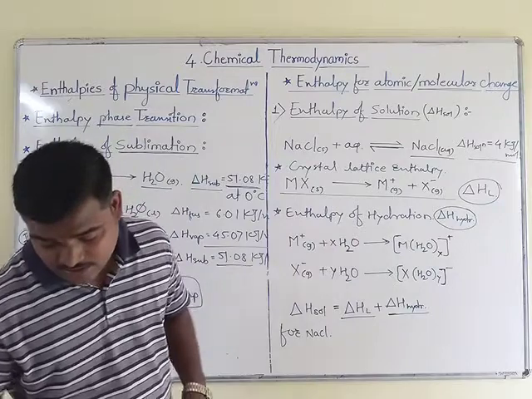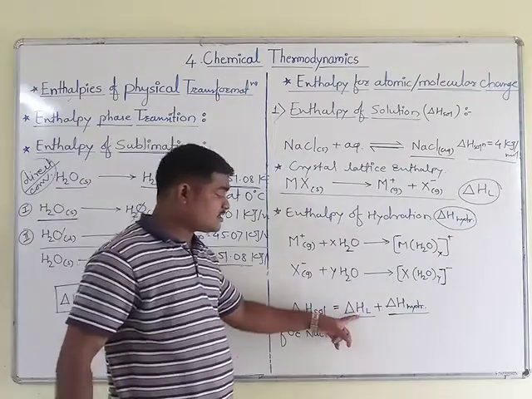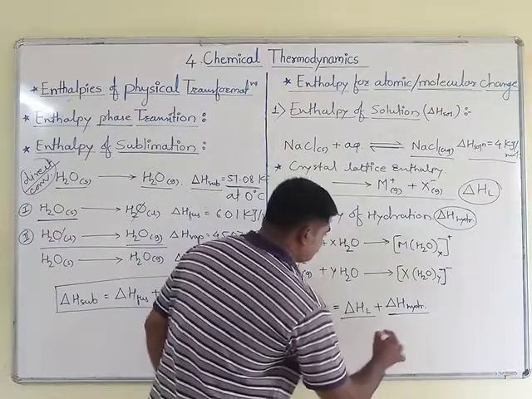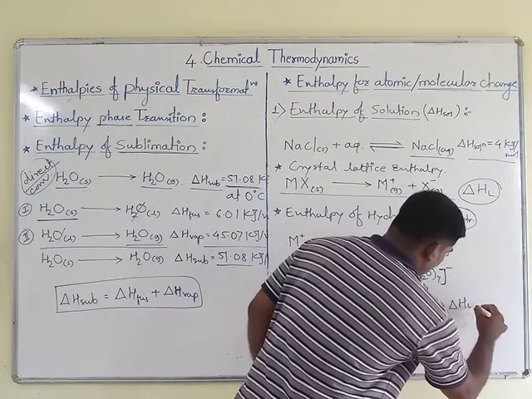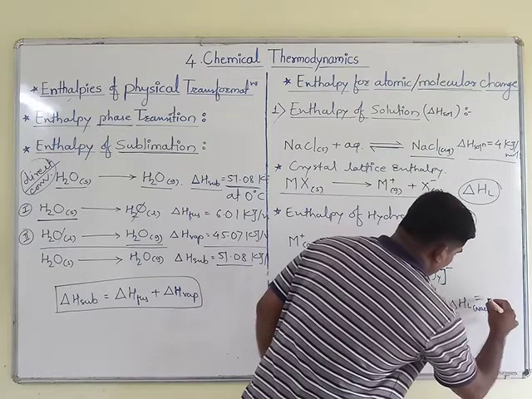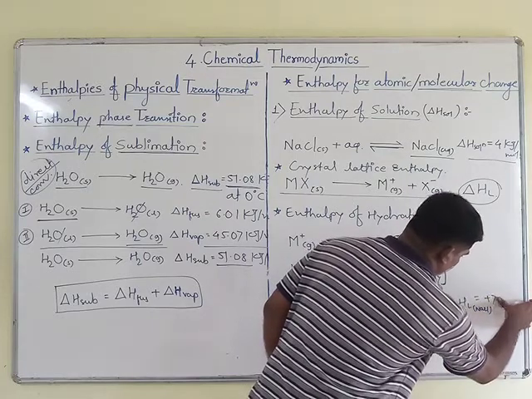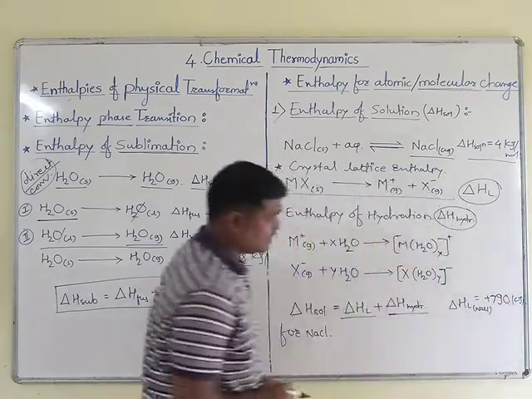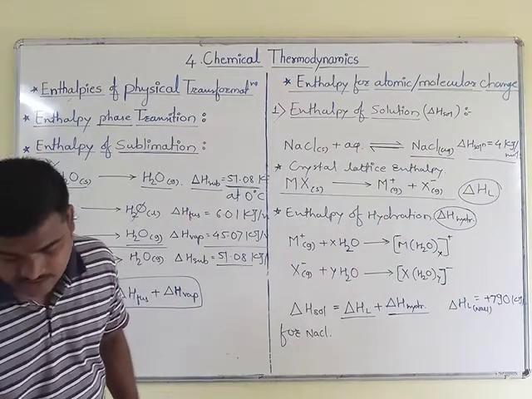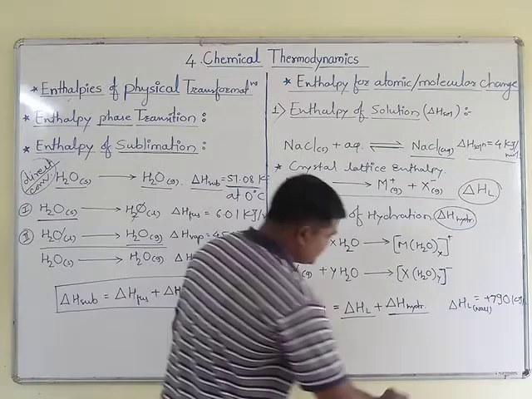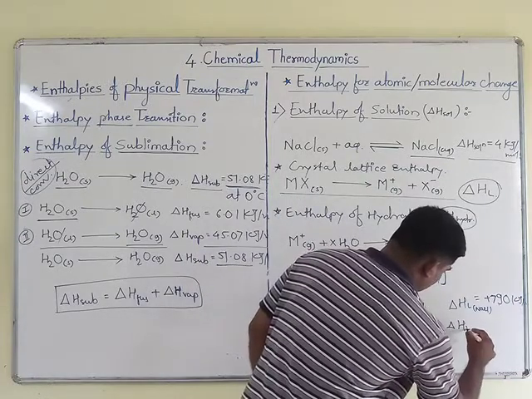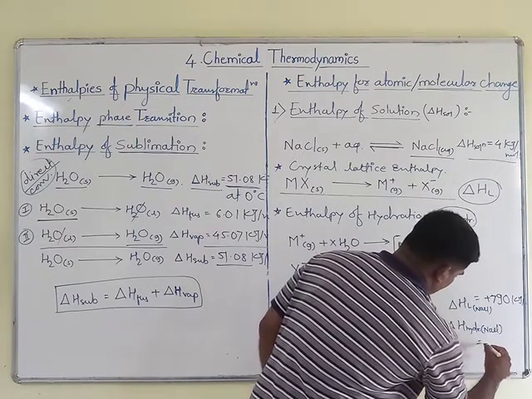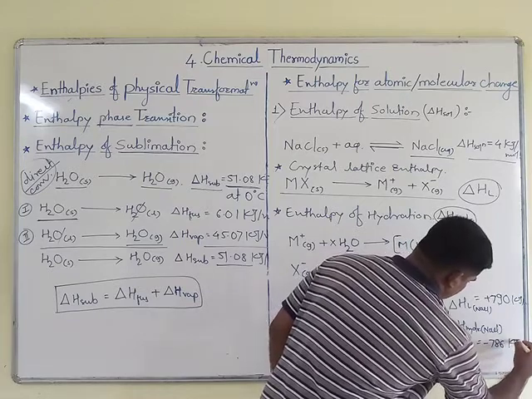The crystal lattice enthalpy, delta H L, for NaCl is plus 790 kilojoule per mole, and the hydration enthalpy, delta H hydration, for NaCl is minus 786 kilojoule per mole.